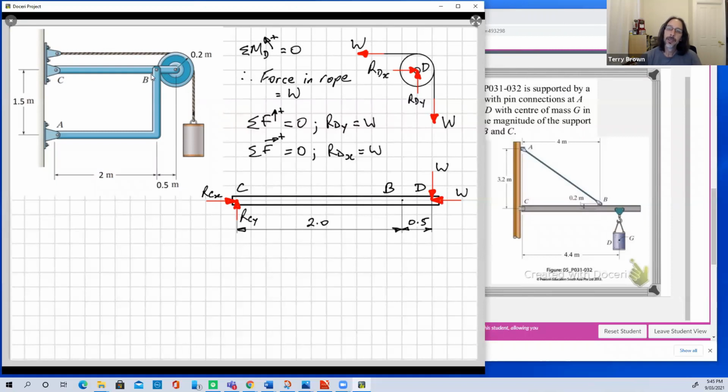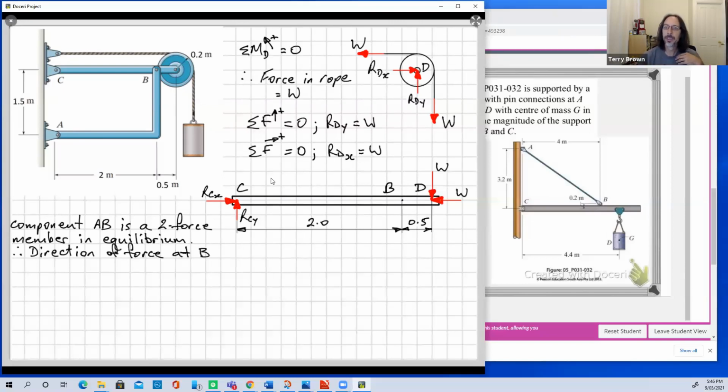Now we recognize that the component AB is a two-force member in equilibrium, so we know that the force at B must be directed along the line joining A and B. So let's see what I've done here. I've just written that down for you. When I fix up my error in my solution, you'll have a copy of this so you can remember that. All right, so that's what we just said.